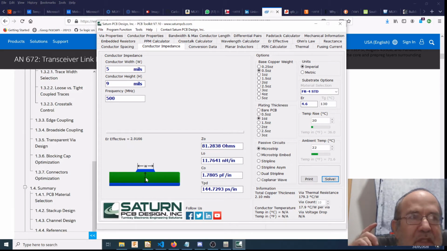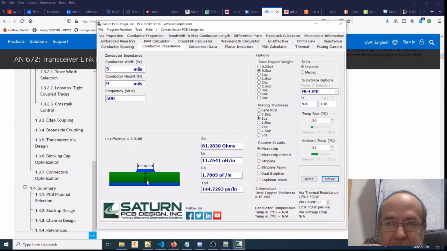So we're looking at this drawing, and you've got one plate which is your reference or your ground plane, and one plate which is going to be your signal.